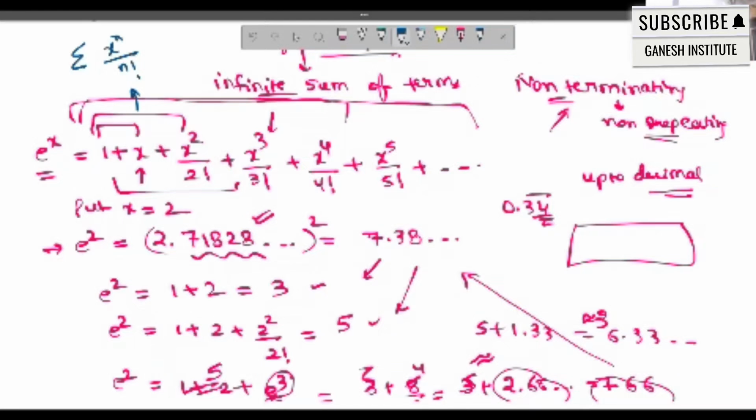The first term is 1. How can I get 1? What should I put in place of n? Oh, 0. It goes from 0 to infinity. Okay. So this is how we write the general expansion. Now let me tell you how we got this formula.